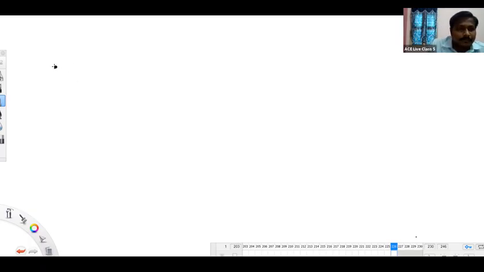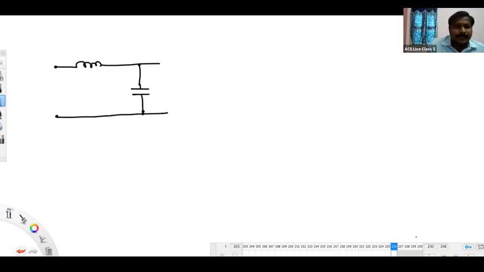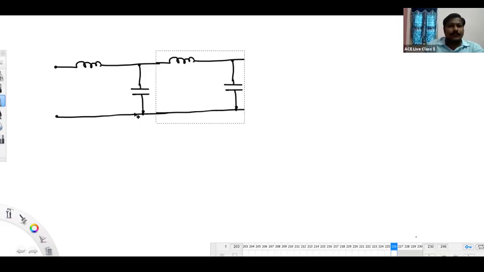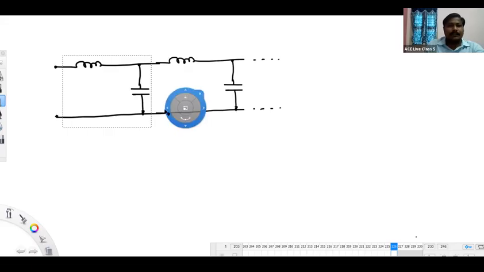Listen also. This is the transmission line series element. It is the transmission line shunt element. It is the first section of the line. Approximately speaking, first, second section, and so on. We have n number of sections here.